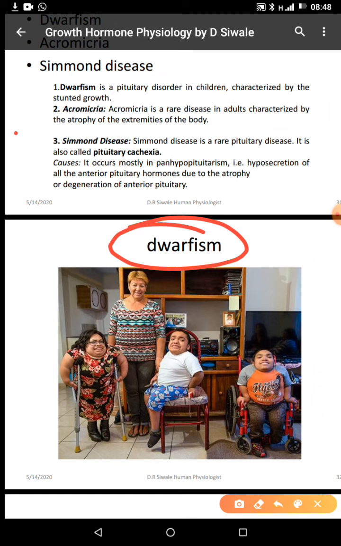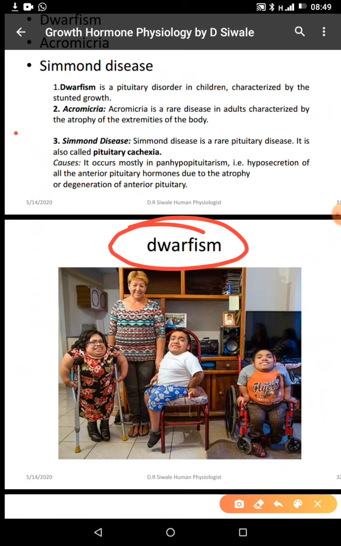Okay, so this is where I end, but remember that the causes of growth hormone deficiency include defects at every step in the hypothalamic anterior pituitary axis. Decreased secretion of growth hormone releasing hormone due to hypothalamic dysfunction.